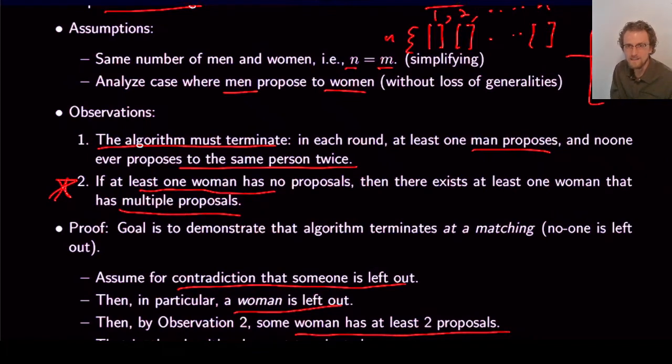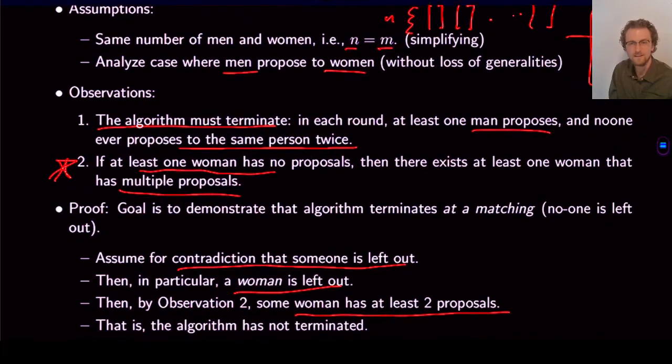What does it mean if a woman has two proposals? Well, it means she hasn't rejected one of them yet. It means that the algorithm hasn't terminated yet, right? Because part of the algorithm is that if a woman has two proposals, she rejects one, and then a new round starts, and that man goes and makes a proposal.